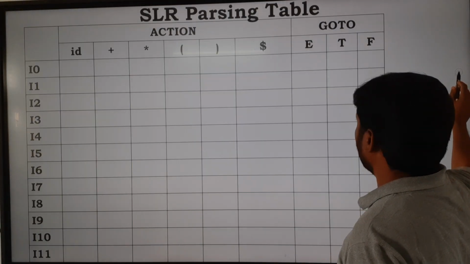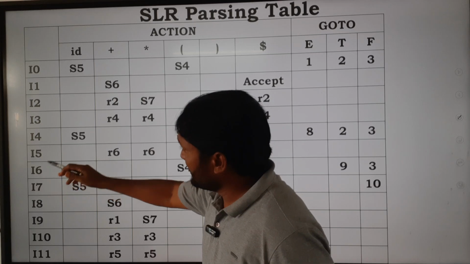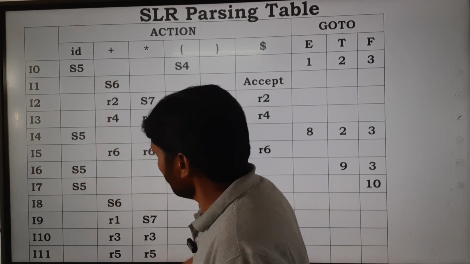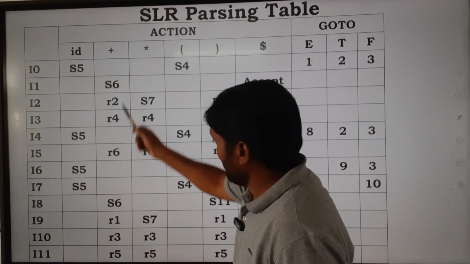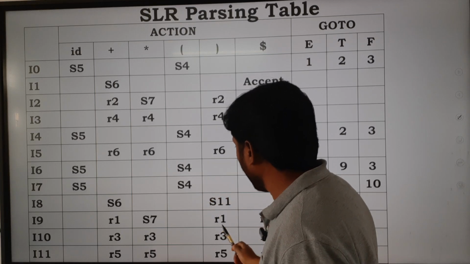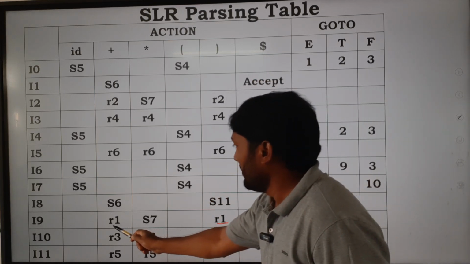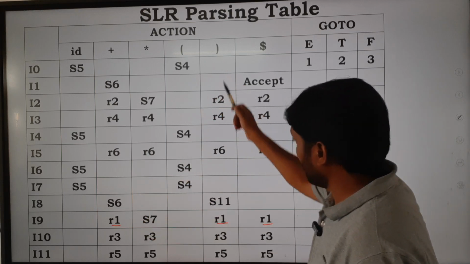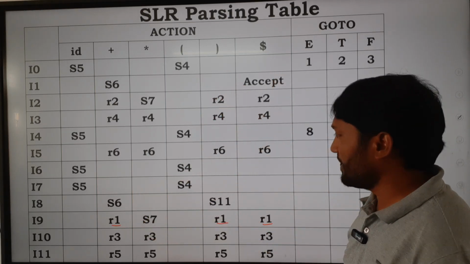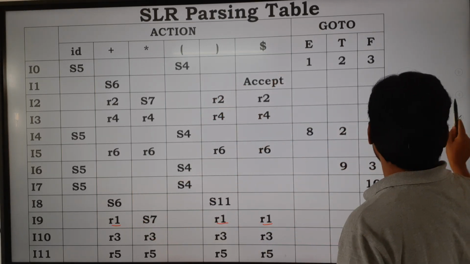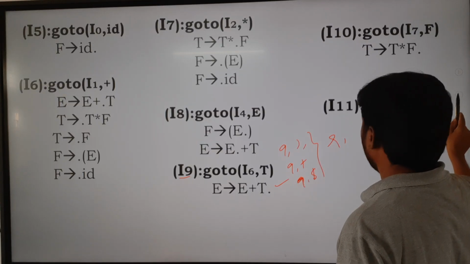Now look at the table here: 9 comma plus, 9 comma close bracket, and 9 comma dollar are filled with R1. That is how to fill R1.